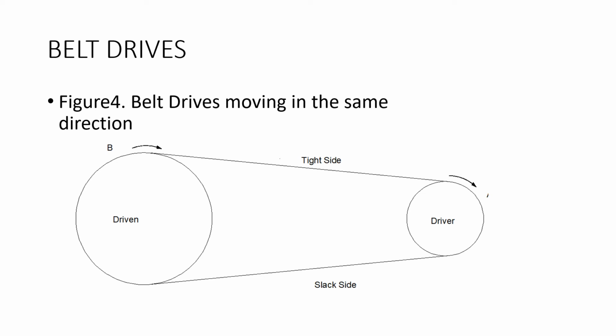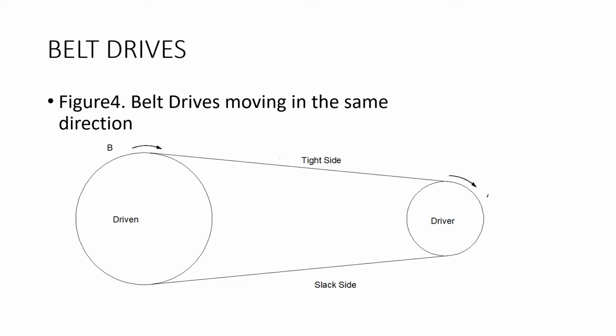You can see here, these are belt drives. You've got a driving pulley and a driven pulley, and the driver pulley is driving the driven one by rotational movement. So one pulley is rotating and it transfers that rotation to the other pulley through belts.